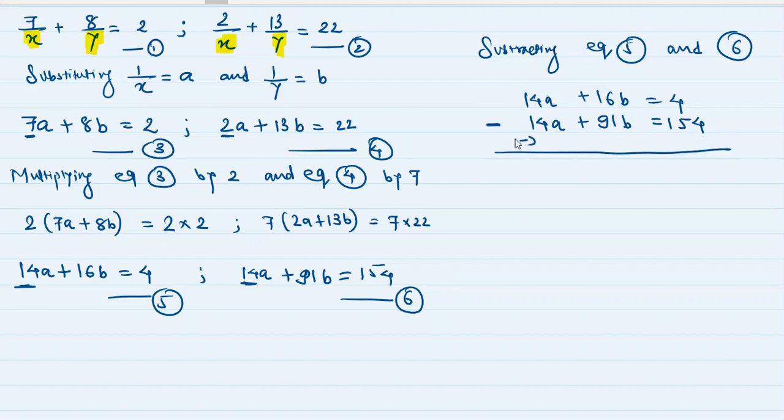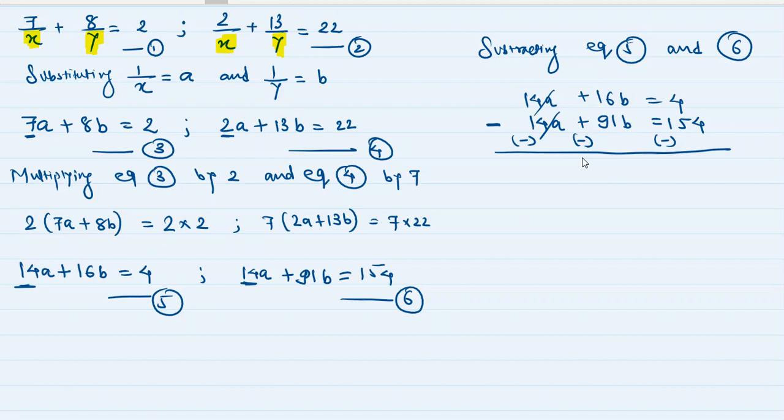Little gap, this will become minus, this will become minus, this will become minus, this will get cut. 16 minus 91, or 91 minus 16. 91 minus 10 is 81, and 81 minus 6 is 75.